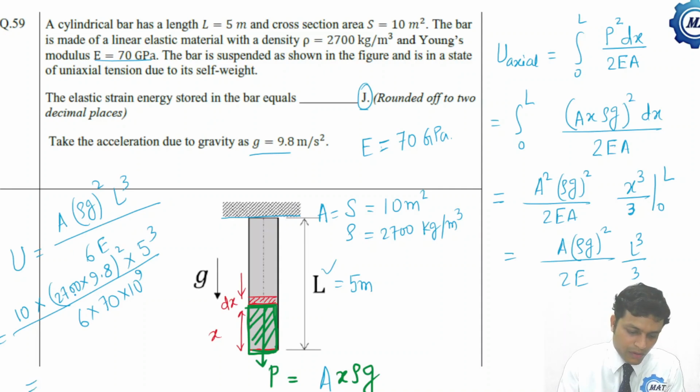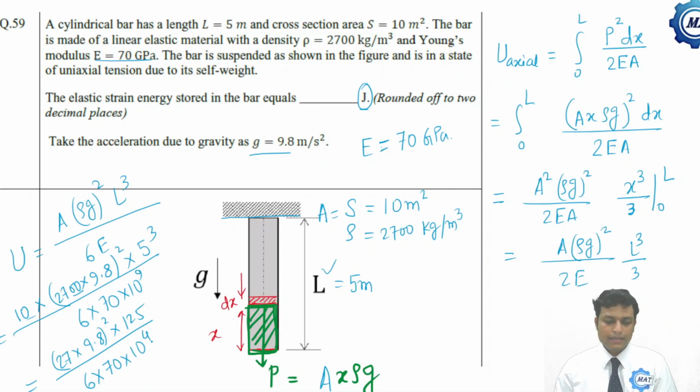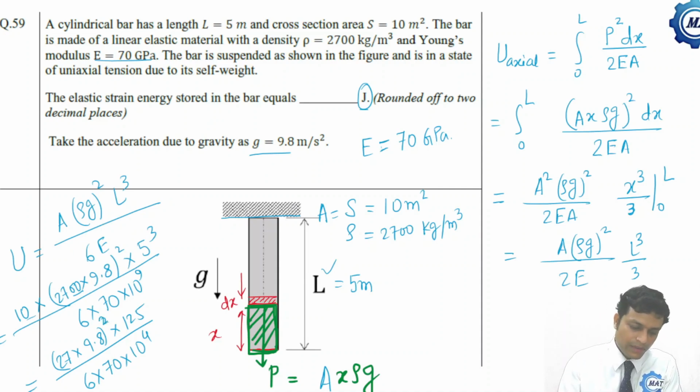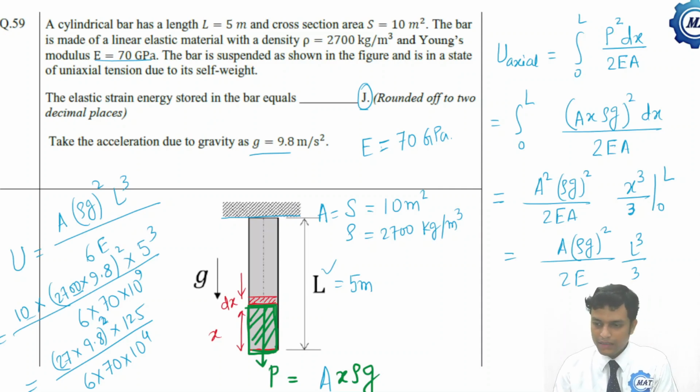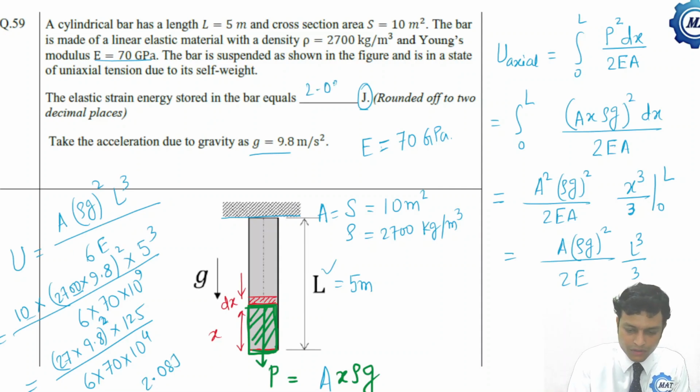Now there are two zeros square, that is 40 and 10, that is 50, we can cancel, that is 27 into 9.8 square into 125 divided by 6 into 70 into 10 to the power 4, because we have cancelled 5 squares, 50. Now let us calculate this and you will get a value of 2.08 joules. So the answer is 2.08.